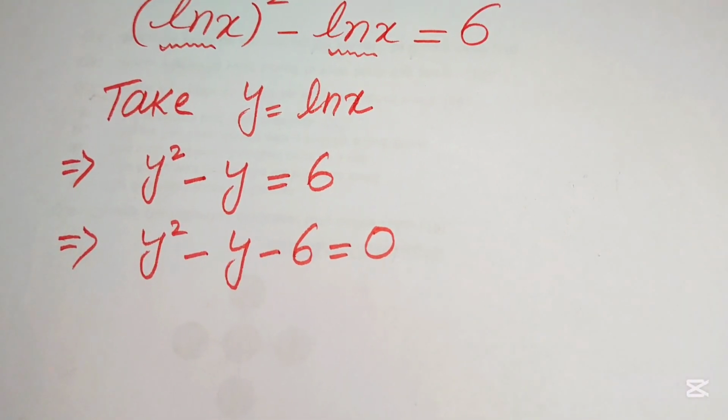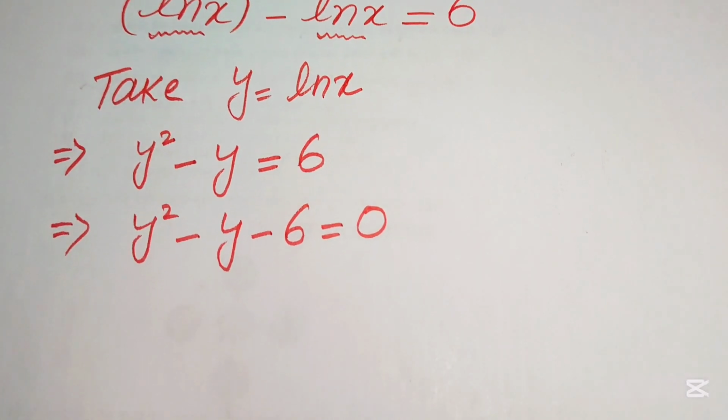So this is a quadratic equation, and you have three methods to solve this type of equation. The first method is to factor the equation, the second method is completing the square, and the third method is to apply the quadratic formula. Here I will solve this problem with the quadratic formula, but it's up to you. You can use either of the other two methods to get the values.